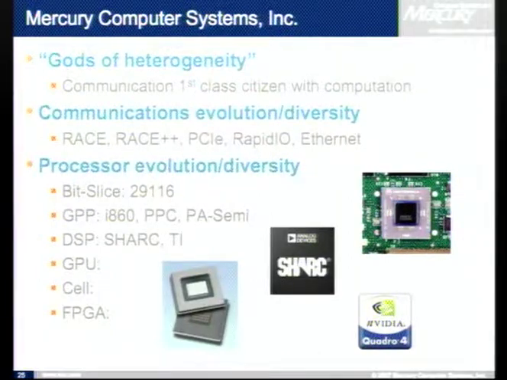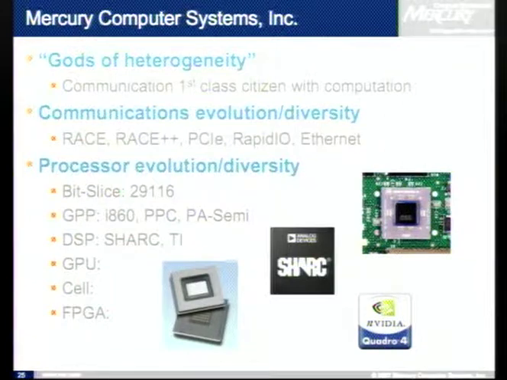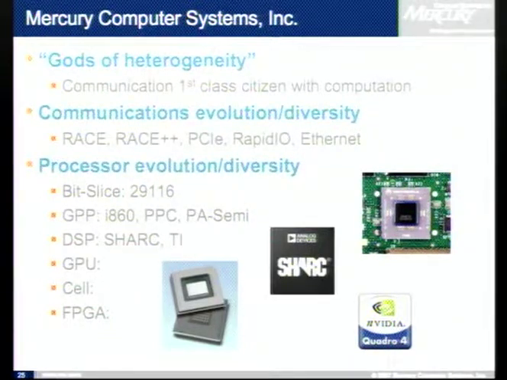So I was real fortunate. I ended up at Mercury, a place where I still am now. And I've always regarded Mercury, even before I worked here, as sort of the gods of heterogeneity. Mercury has been doing multi-computers, distributed memory multi-computers, forever. Way back at the dawn of time, they were taking bit-slice 29/116s and connecting them through some type of communications network.